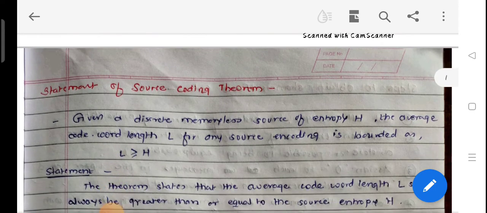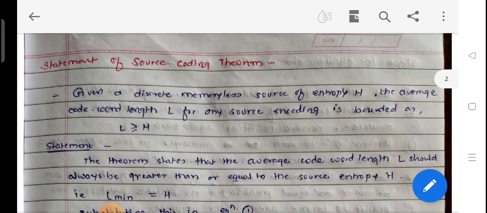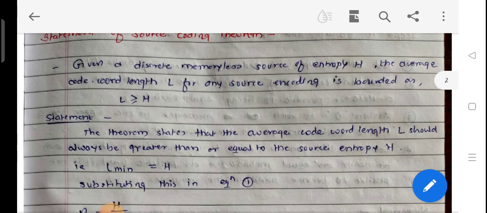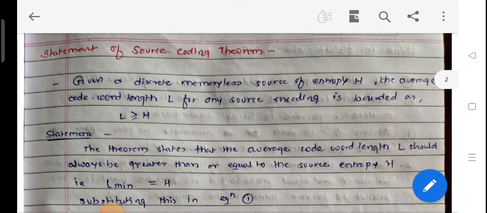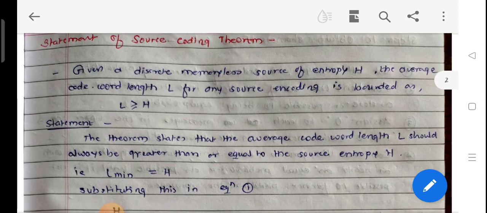We will now see the first source coding theorem. The statement is: suppose we have a discrete memory source with entropy H and average code word length L. For any source coding, the theorem states that it is bounded as L greater than or equal to H. Here L is our code word length and H is the value of entropy, or average information.